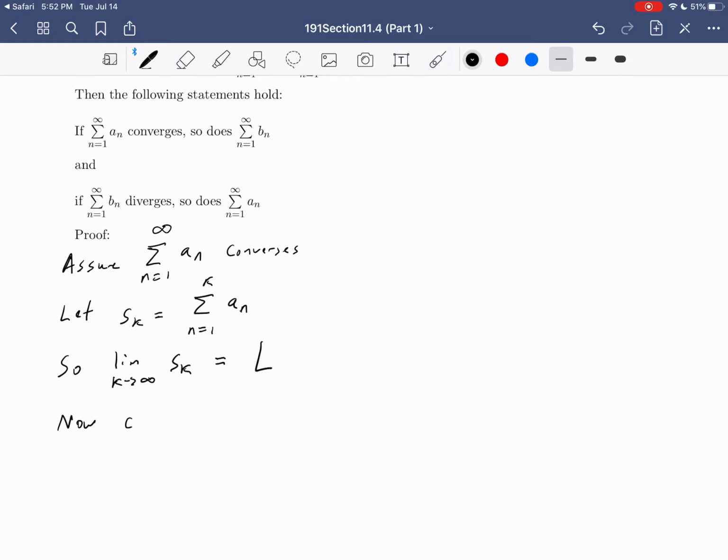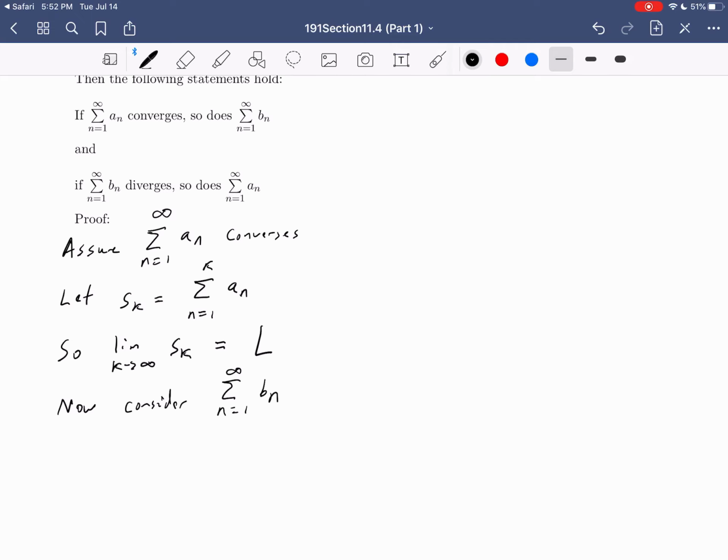Now consider the other series, the sum from n equals 1 to infinity of b sub n. Let t sub k be equal to the sum from n equals 1 to k of b sub n. So we're letting these t sub k's be the partial sums of b.